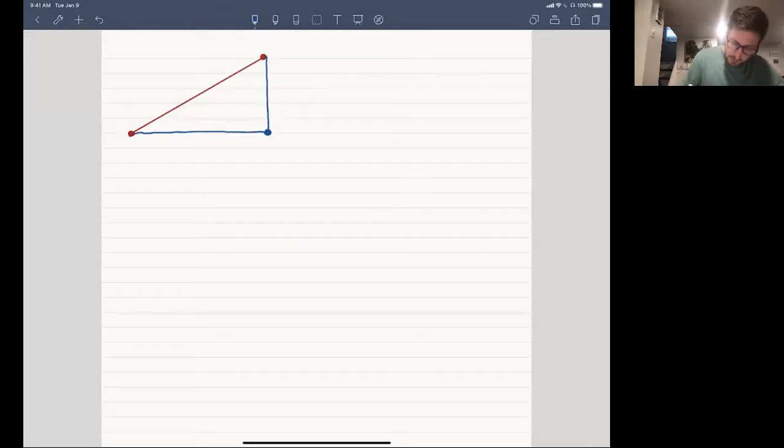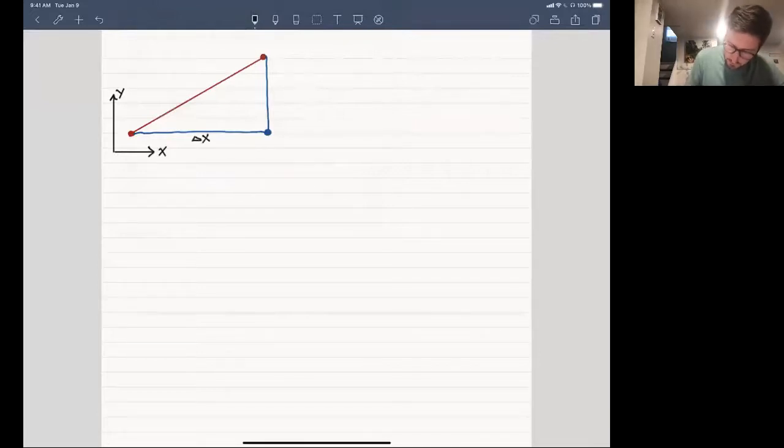Now, if we put these things in terms of a coordinate axis here, so you imagine I have horizontal and vertical components, say x and y, then the base of this thing becomes, say, delta x. So that's the change in x, the change over the x coordinates.